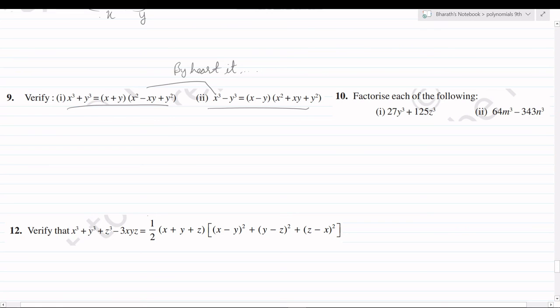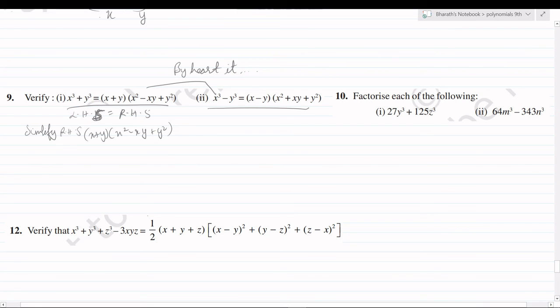So you have to just verify it, like prove LHS is equal to RHS. So let's simplify the RHS: take x common, multiply x to this term and y to this expression. So RHS is (x plus y)(x square minus xy plus y square).